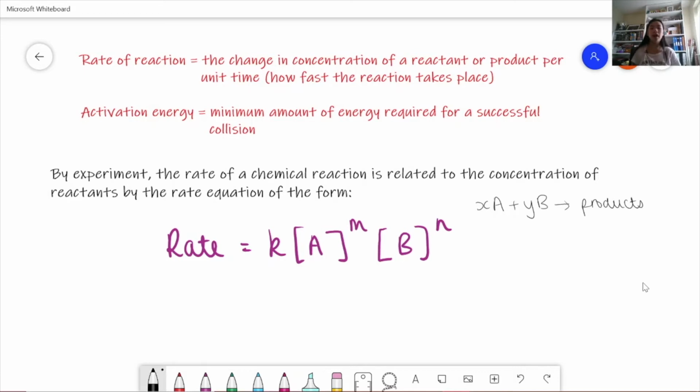And so what we have is actually that the rate is directly proportional to the concentration of A to the power of n, where n is equal to 0, 1, or 2.